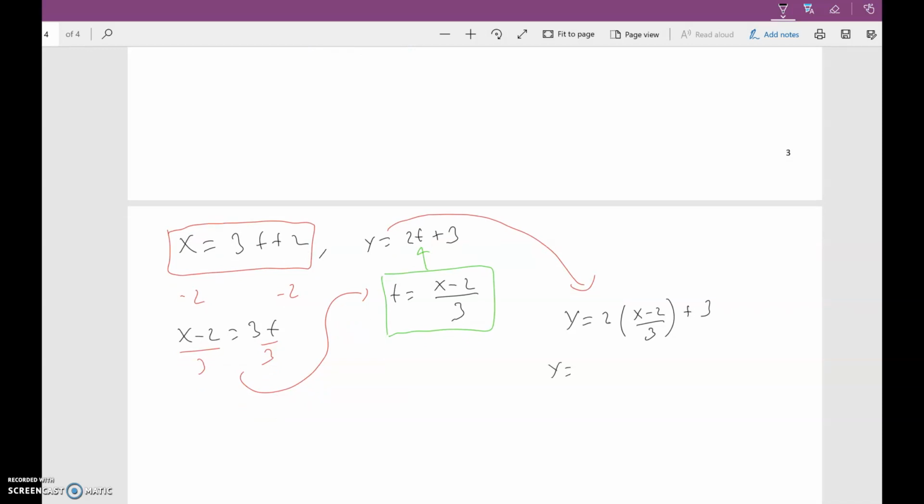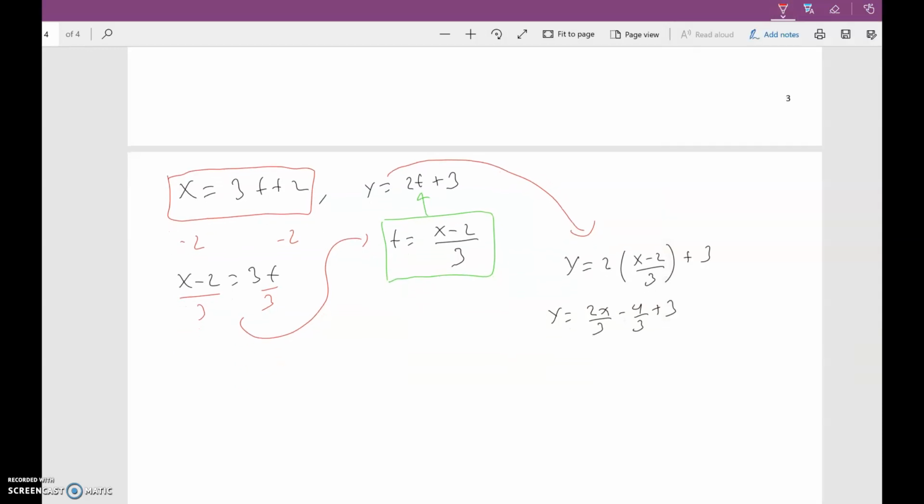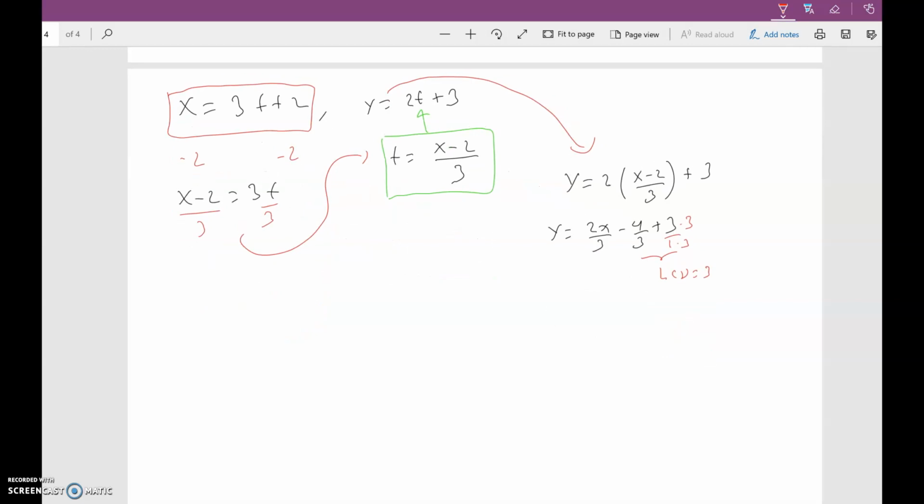Or y is equal to 2x over 3 minus 4 over 3 plus 3. At this point, let me get an LCD of 3, so times 3 and times 3. So our actual y value happens to be 2x over 3 minus 4/3 plus 9/3. So y is equal to 2x over 3 plus 5/3.